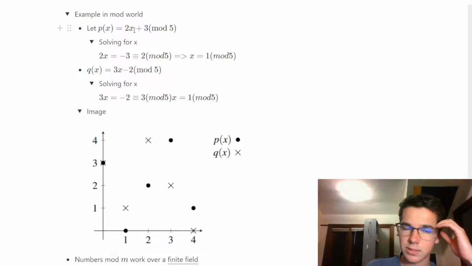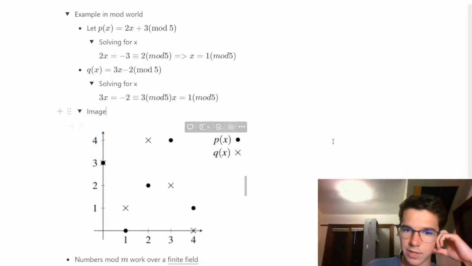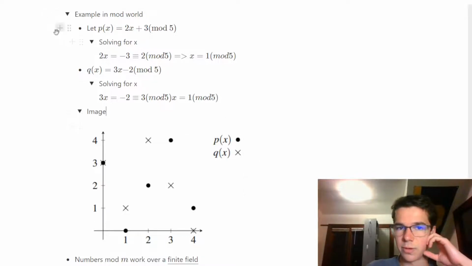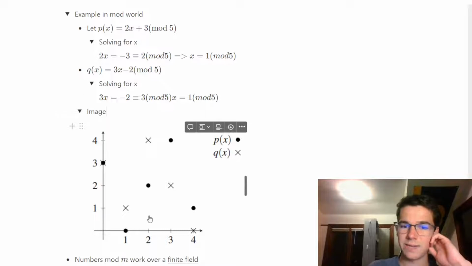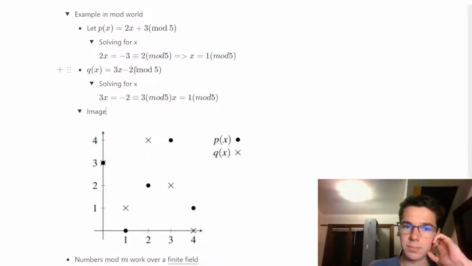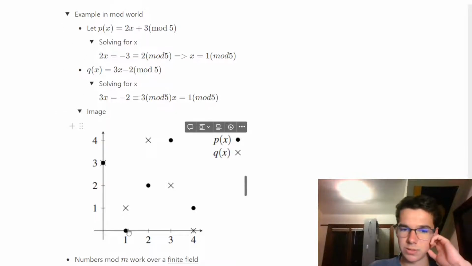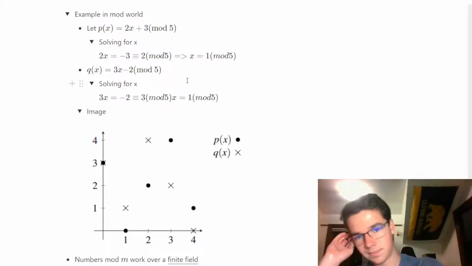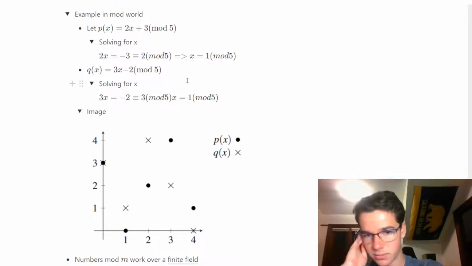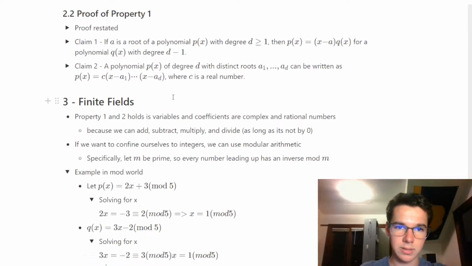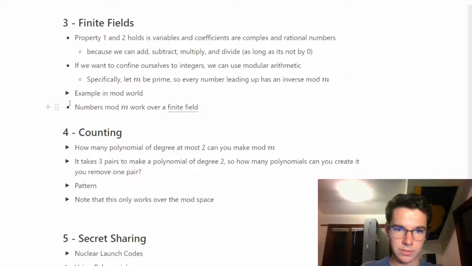So let's evaluate 0 through 4 at p of x. Evaluate 0, we get 3, that's just fine. Evaluate 1, we get 5. 5 mod 5 is 1, so the actual point goes down to here. And then you can see how this goes on. And this is the concept of a finite field.